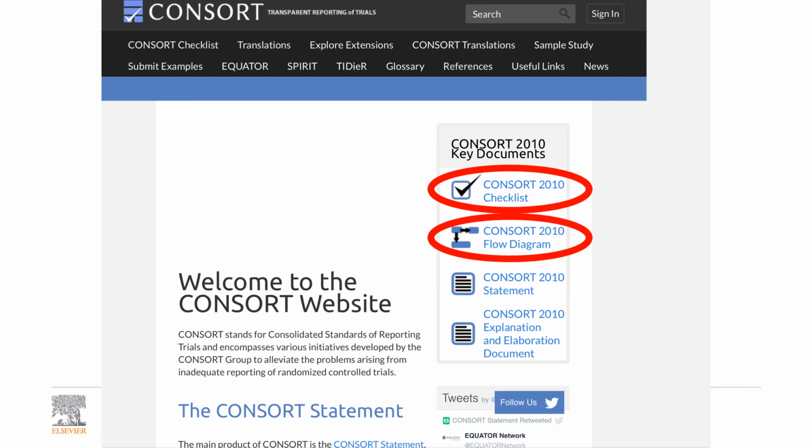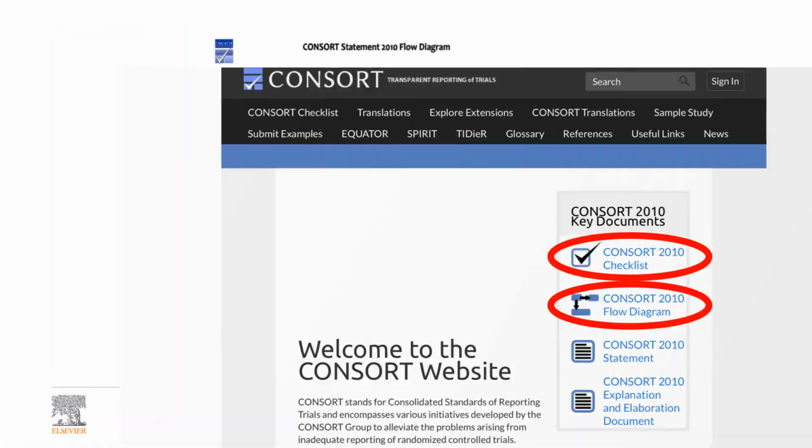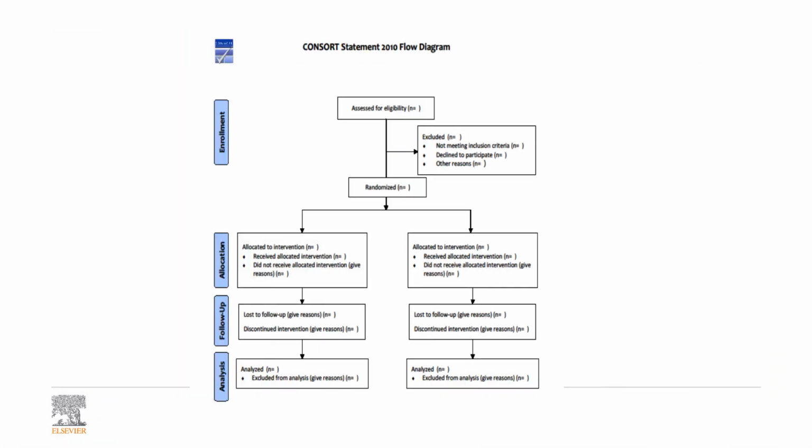And also the CONSORT flow diagram, which looks like this. I'm sure you've seen these before. These are there so that every possible person who could have been involved in your trial is recorded, and which arm they went into is recorded, and the point at which they left the study or indeed completed the study.